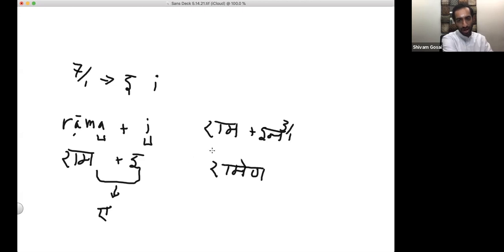Same rule here, akara plus ikara becomes ekara, so finally we get Rame. Okay, that's one part of guna sandhi. A plus i become e when they're phonetically put together. So that's why in 7-1 we say Rame.